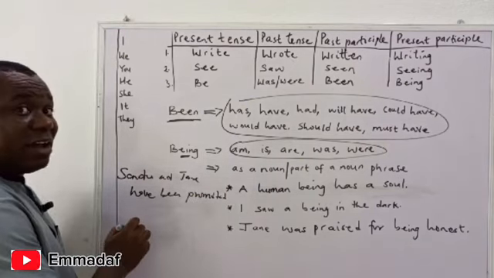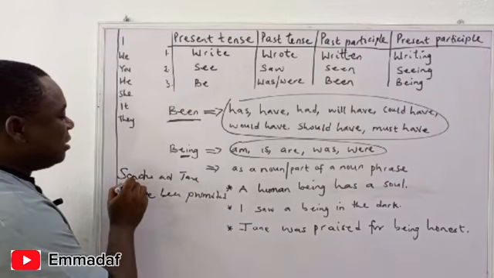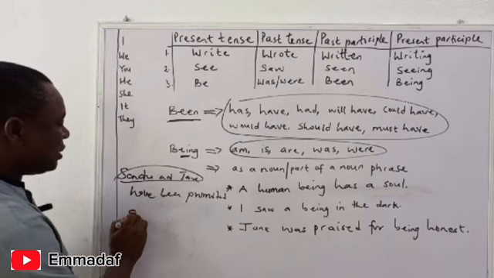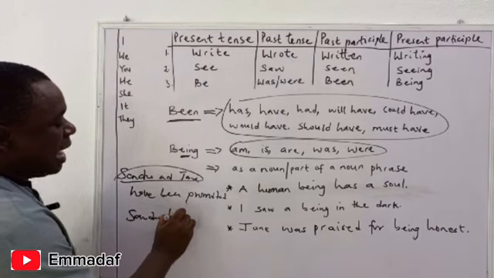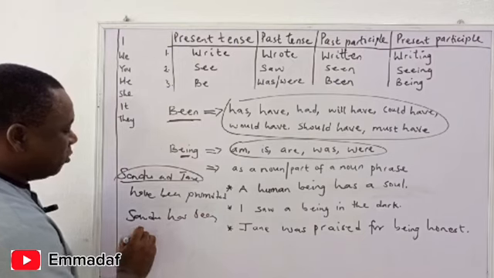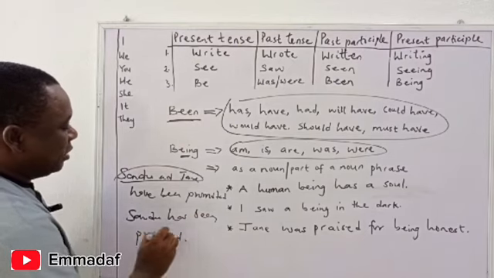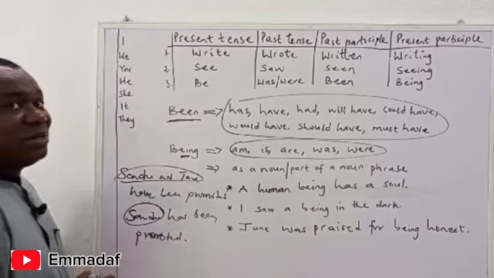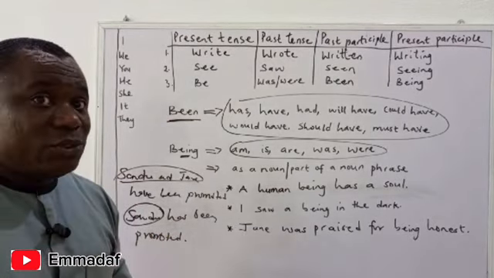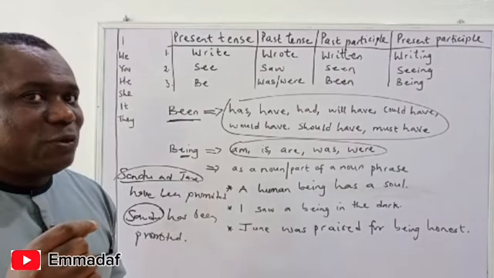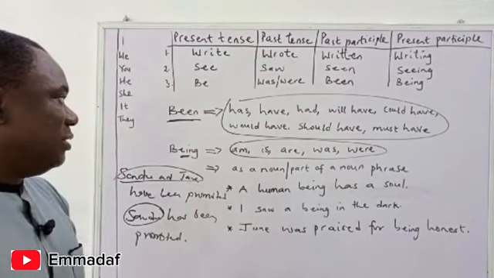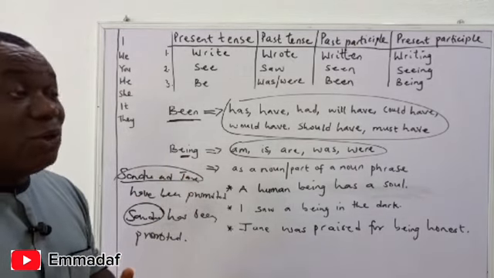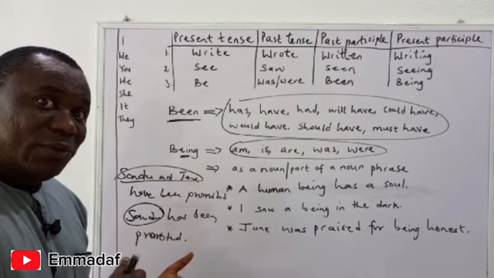Now, Sandra and Jane, this is the subject of the sentence. Sandra has been promoted. Sandra is the subject of the sentence. So nouns function as subjects of sentences.